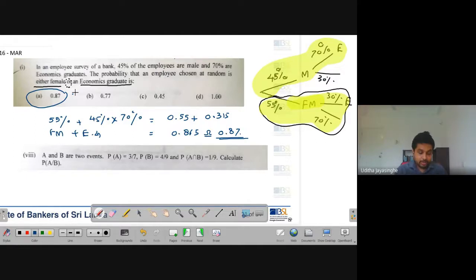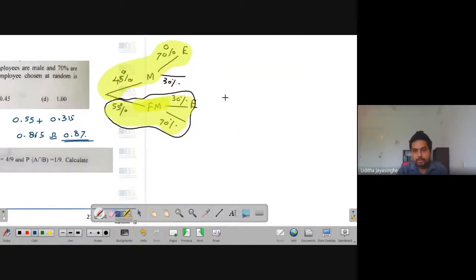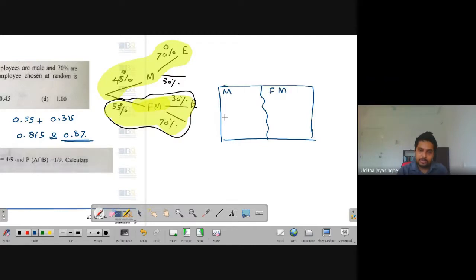You can argue from different perspectives, and you may use something like a Venn diagram or a tree diagram. Even if you try a Venn diagram, you have to stick to the same assumption. So you will have male and female population being divided like this, and in the male population there's going to be another division: economic graduates and non-economic graduates.